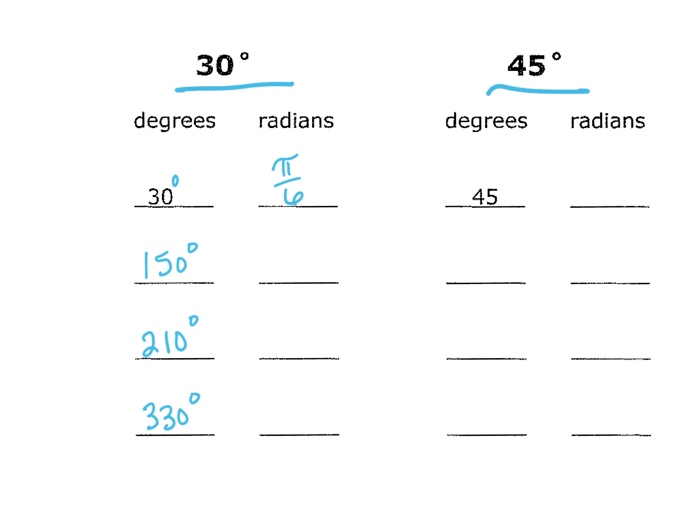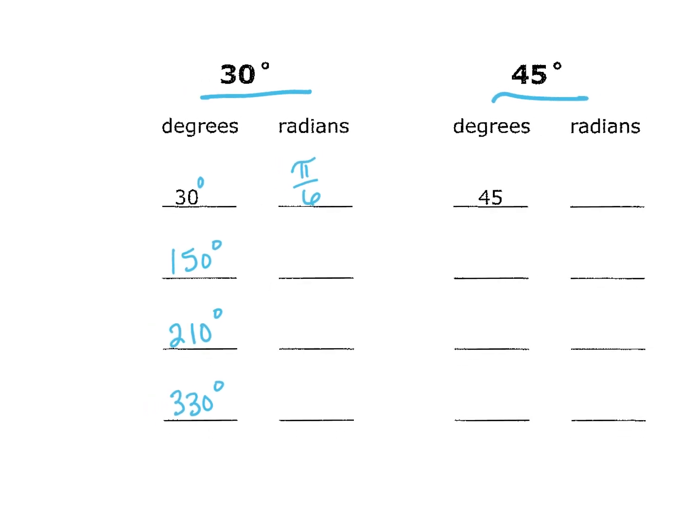And then I've shown you this trick before. We talked about it when we were doing our unit circle. If we multiply 30 times 5, that gets us to 150. So that's why 150 degrees is 5 pi over 6. And if you multiply 30 times 7, you get to 210. So if you multiply pi over 6 times 7, you get 7 pi over 6.